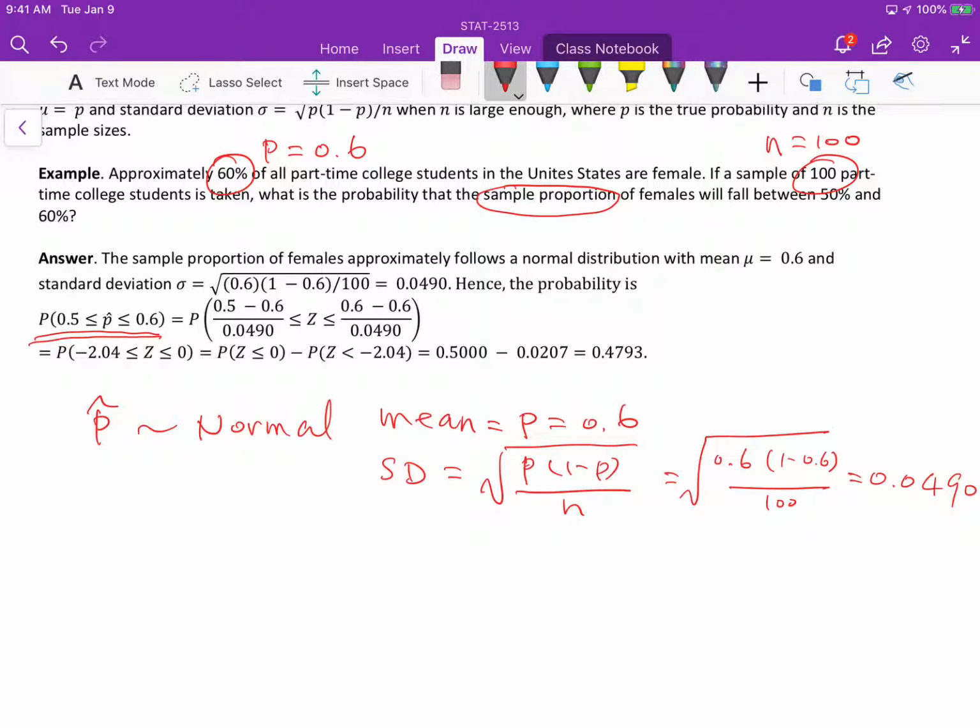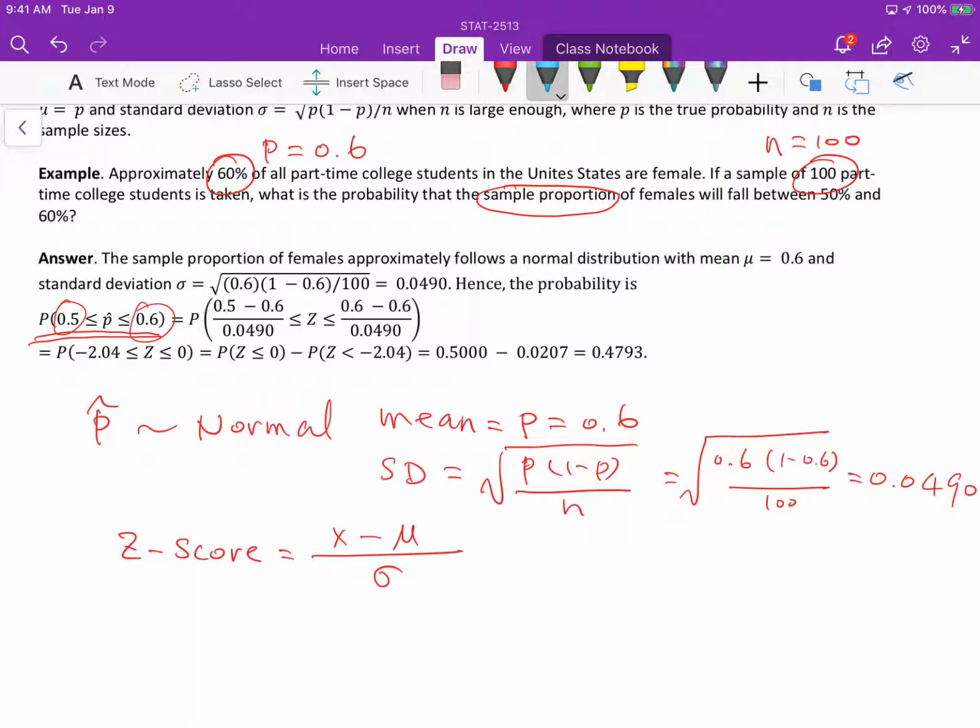To get the probability involving a random variable, the first step is to calculate the z-score. The z-score is equal to the value subtract the mean and divided by sigma. The x values here will be 0.5 and 0.6, right?